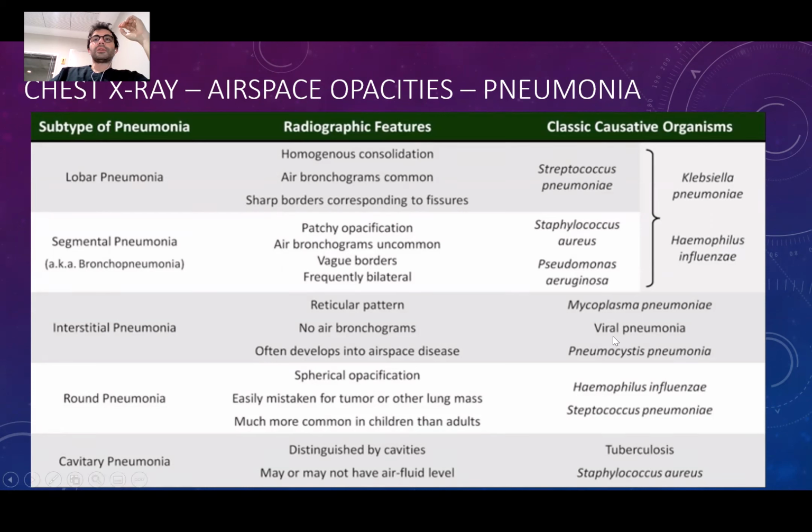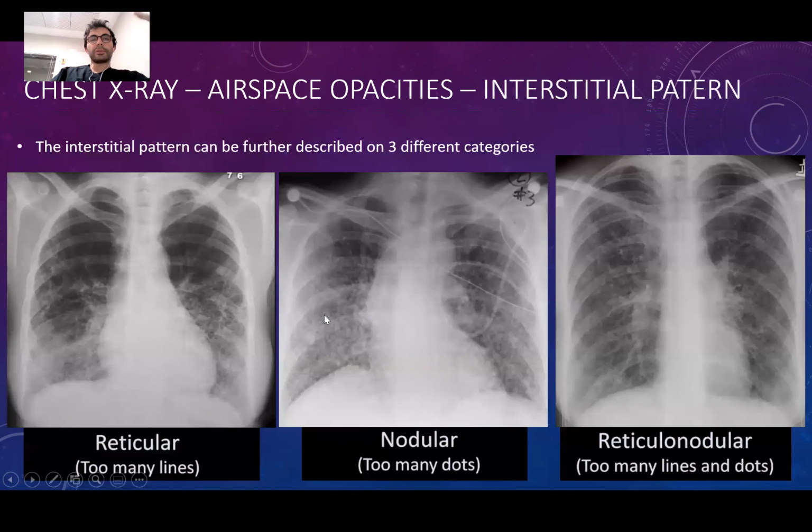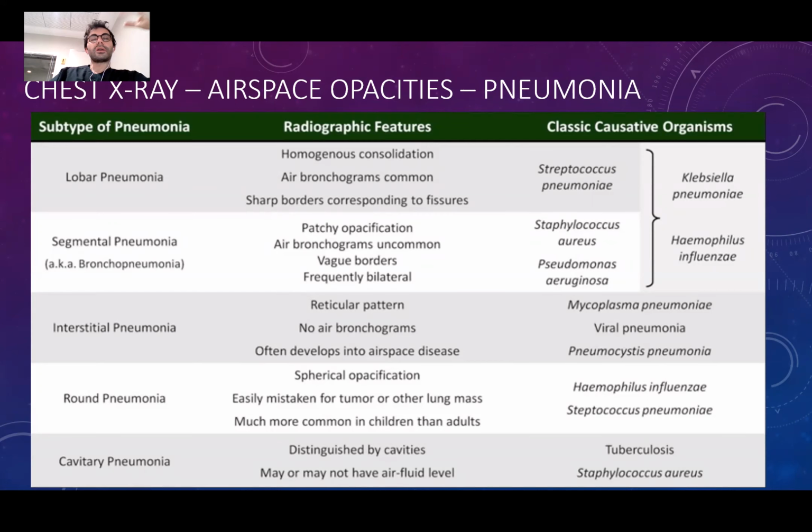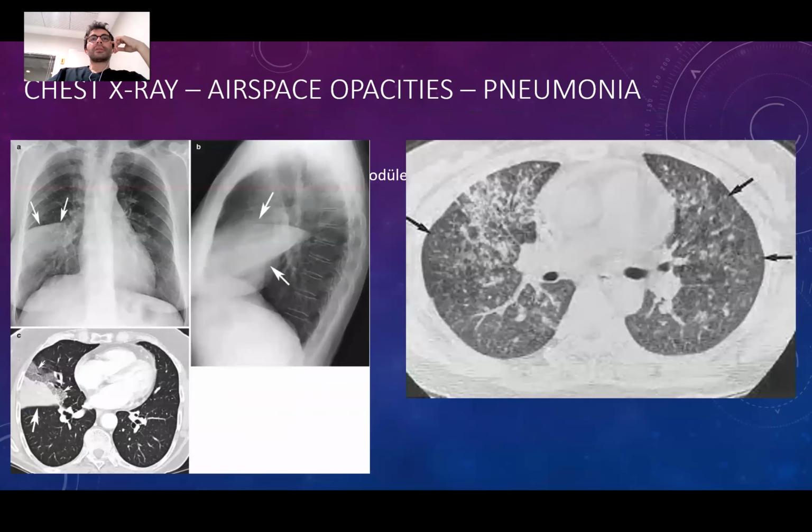So viral pneumonias or mycoplasma pneumonias sometimes cause these reticular opacities. So when you're seeing a reticular opacity, it can also be caused by pneumonia. There is something called round pneumonia, which basically looks like a spherical opacification, like a consolidation area. And when it causes a cavity, well, it is very easy to see actually.